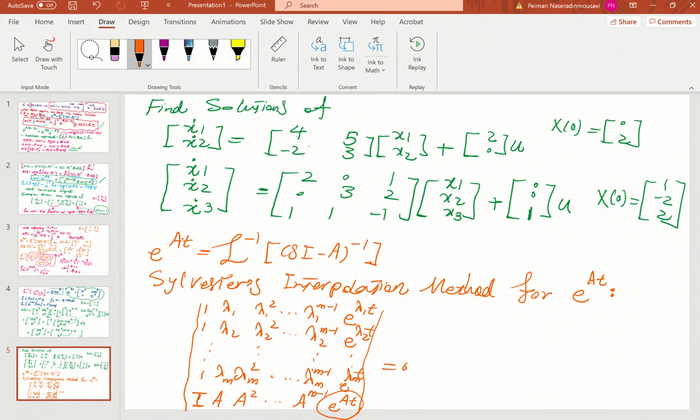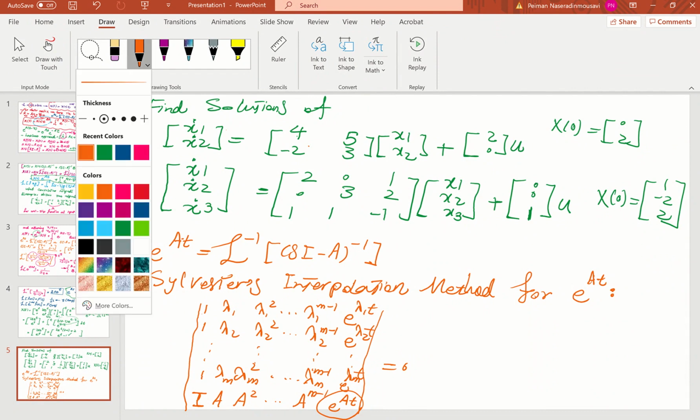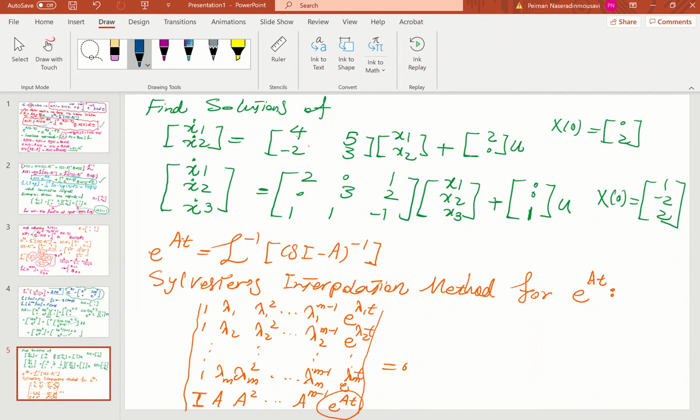And now let us do that together. But before that, you have to know what the lambdas are. Can you guess that?